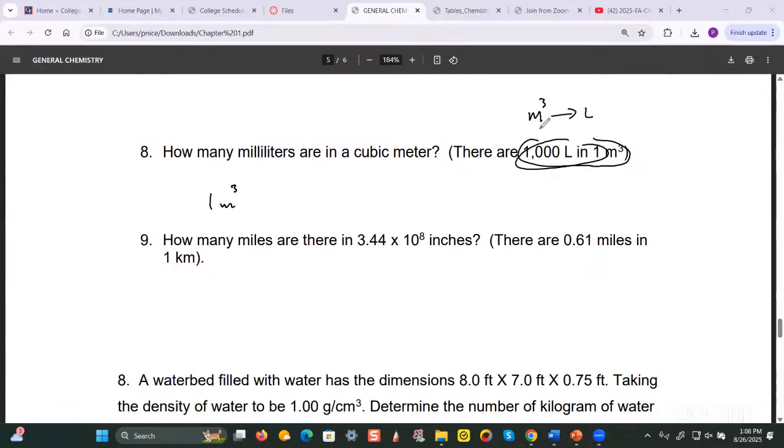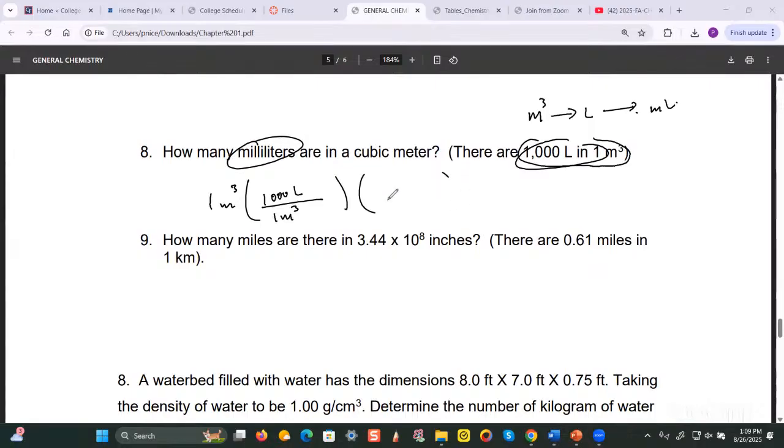And then, because the question is asking for milliliters, you can go directly from liters to milliliters, right? So 1 meter cube multiplied by a conversion factor which represents this relationship: down here I'm going to put 1 meter cube, and up here I'm going to put 1,000 liters.